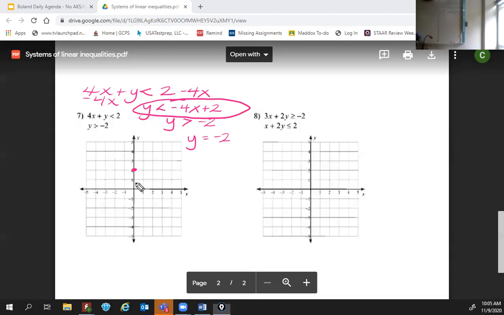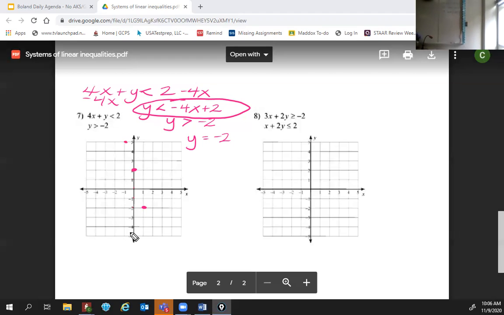Sometimes I make like 1, 2, 3, 4, so that I don't miscount. And then I put another big dot. And 1, 2, 3. Oh, look, I ran out of room. I can go up 1, 2, 3, 4, and over 1. So that's my line.